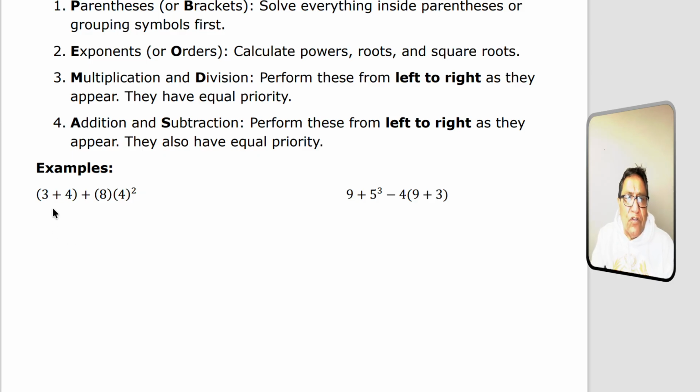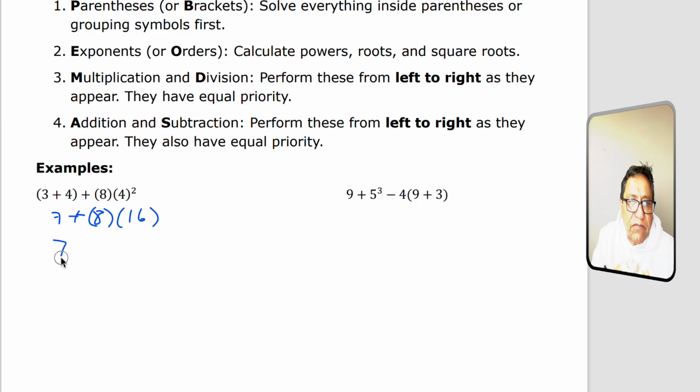Let's see. Following the order of operations, parentheses first. So we have 3 plus 4, which will be 7, plus 8 times 4 squared. 4 squared will be 16, correct?